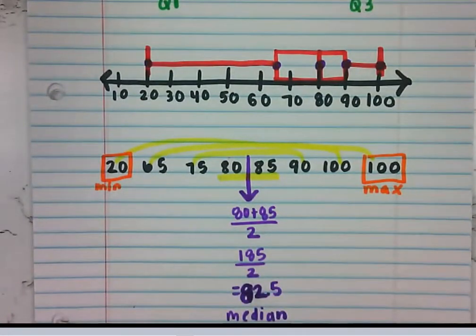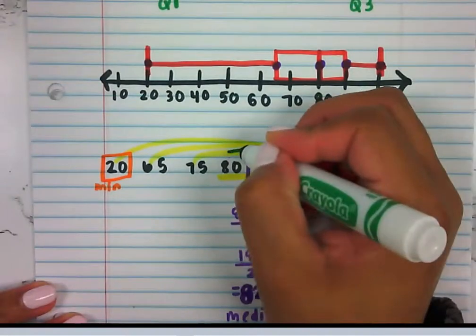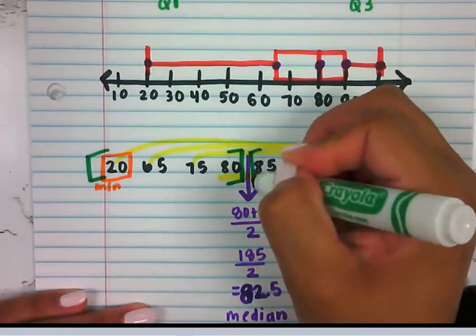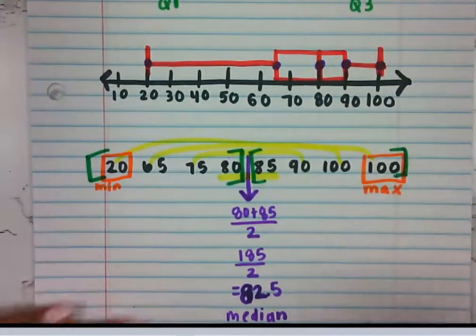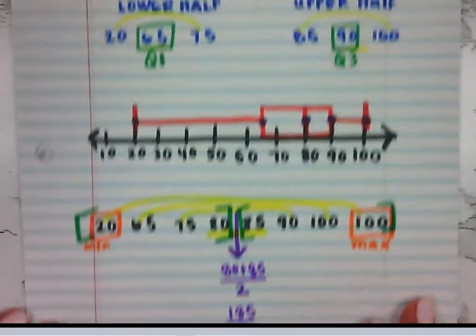Now we need to find our lower and upper half. So my lower half is over here, and it goes over there. My upper half is from here to here. Notice I have included the 2 numbers in the middle. It's different for the first one.